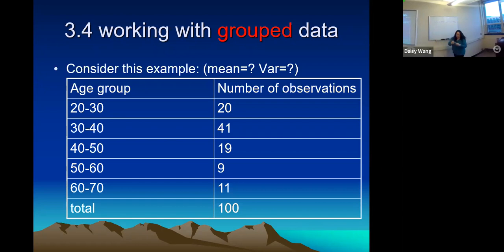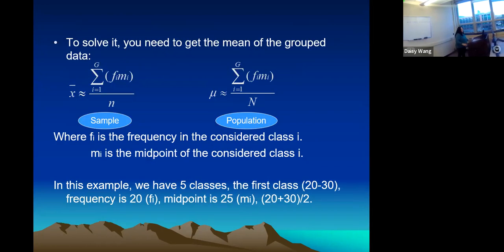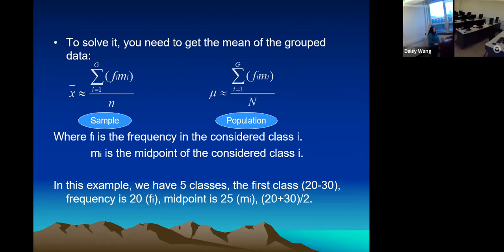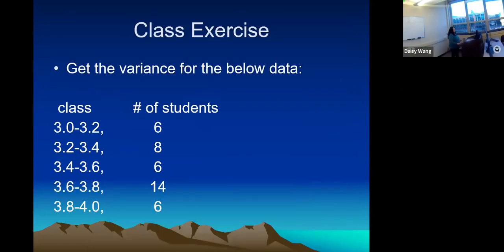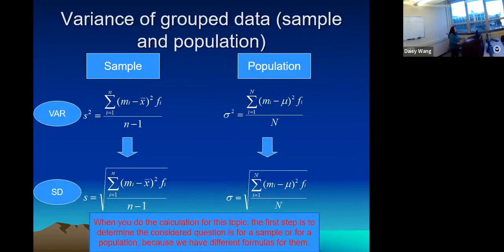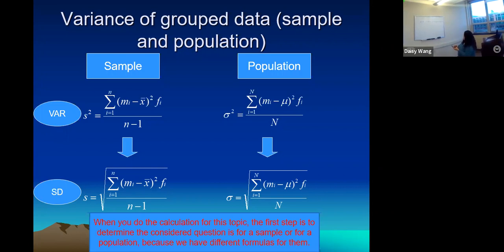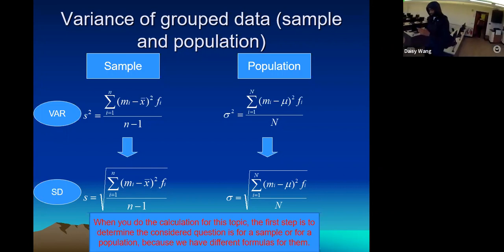Okay, so when we add it up, it will be, oops, I don't have answers, so I have to calculate it. Let me calculate it. 25 times 20 plus 35 times 41.